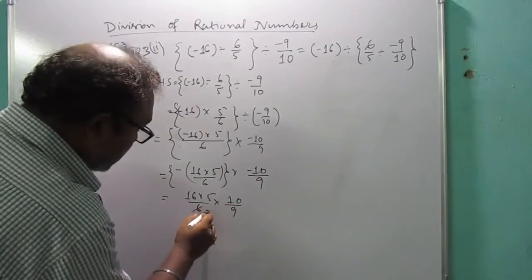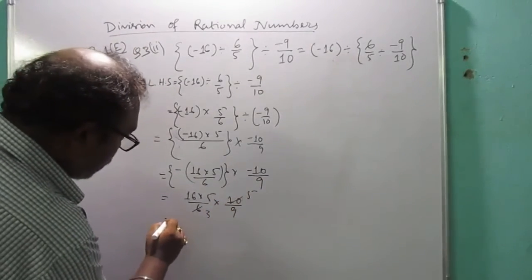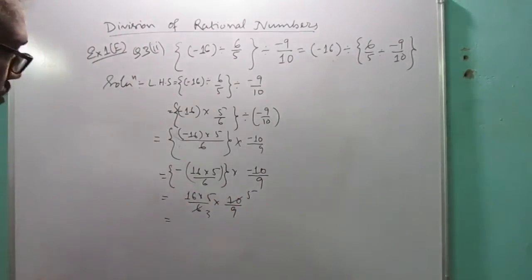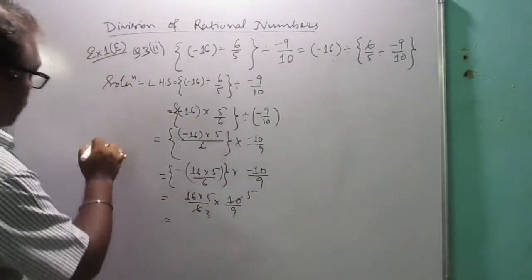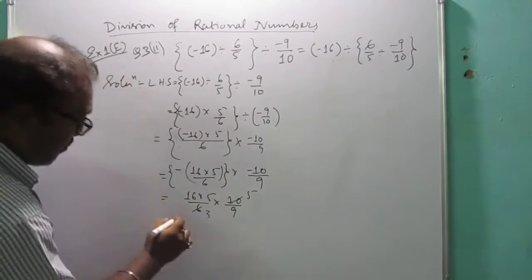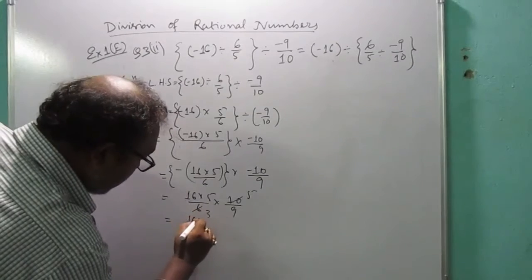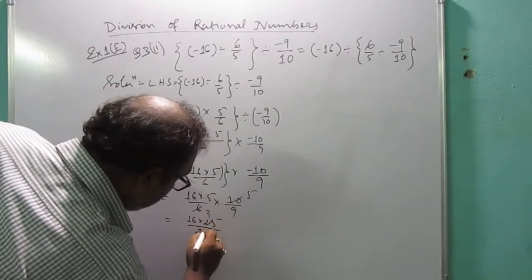So 2 3s are 6, 2 5s are 10. So 16 into 5, 16 into 25 by 9 3s are 27.